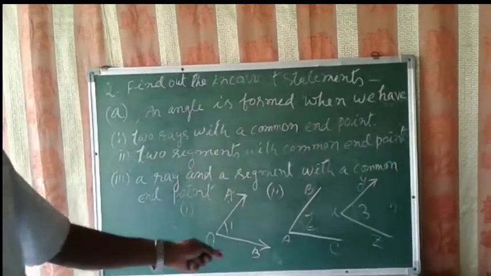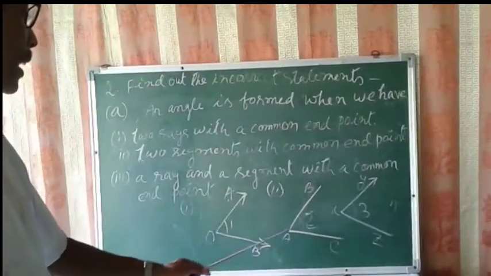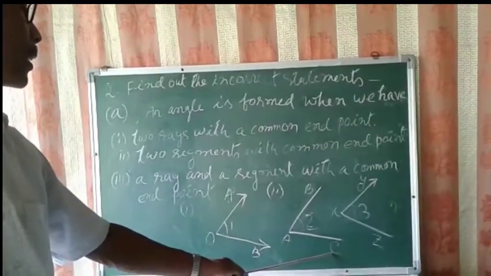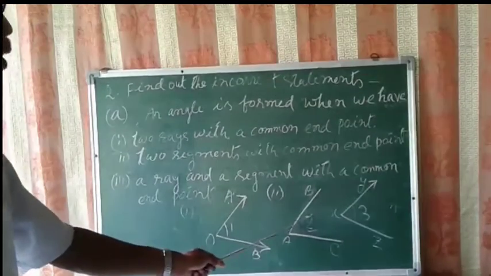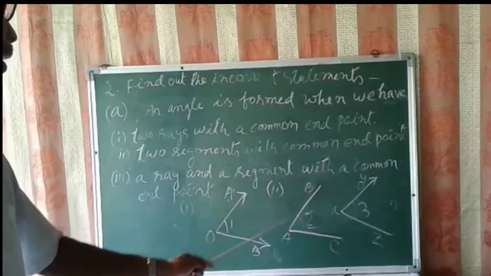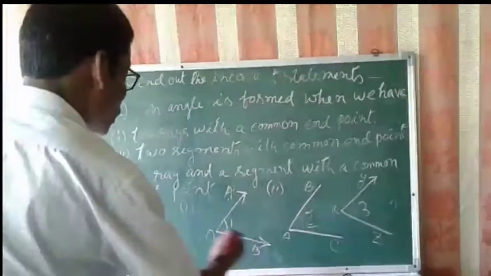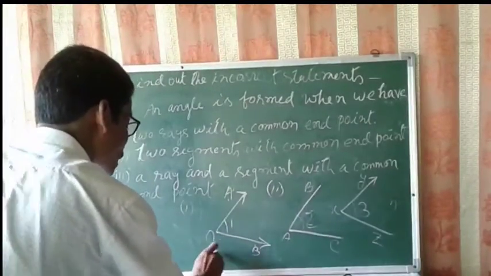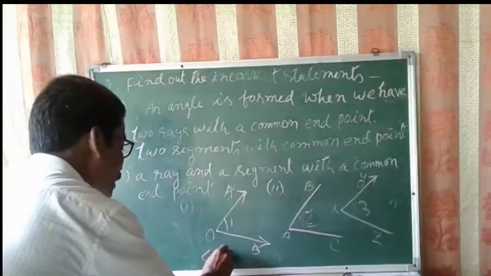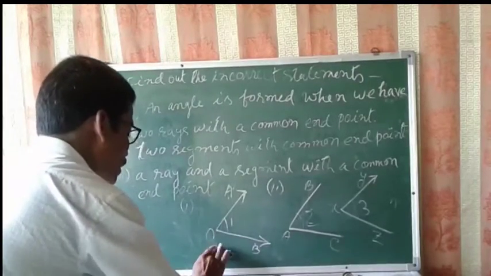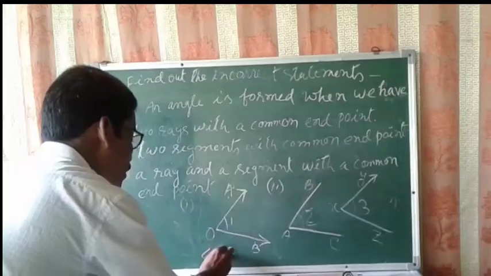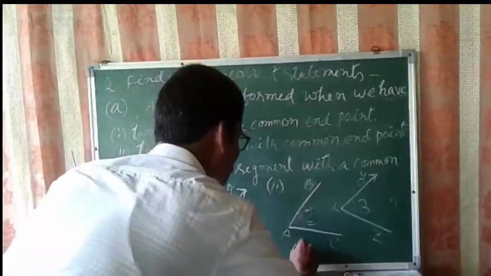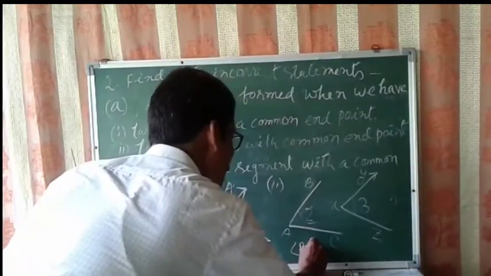Two segments: AB is a line segment and AC is a line segment. Therefore, they form an angle BAC. This angle name is AOB. This angle is BAC.